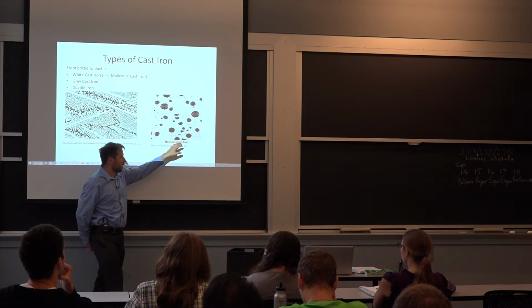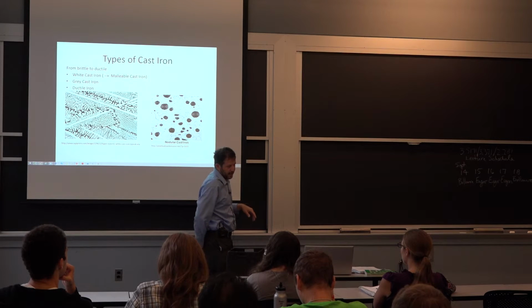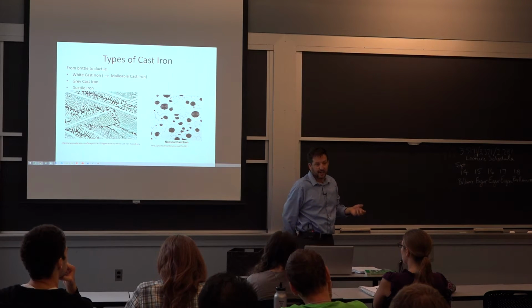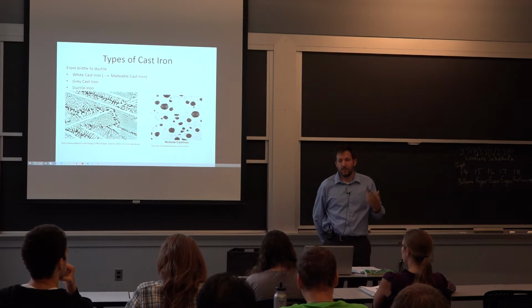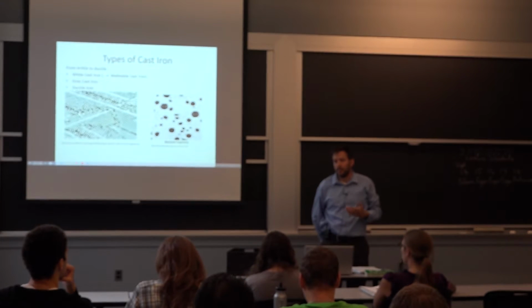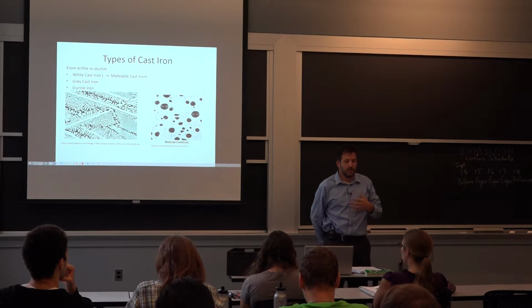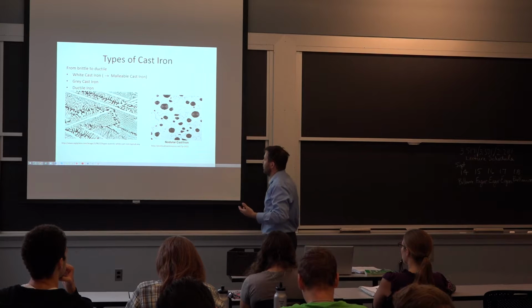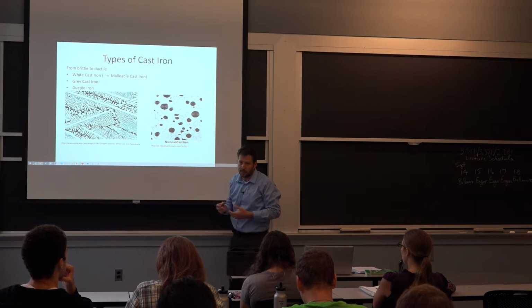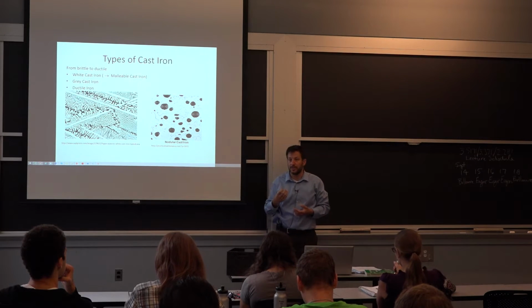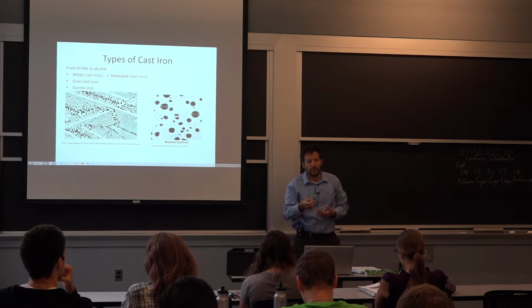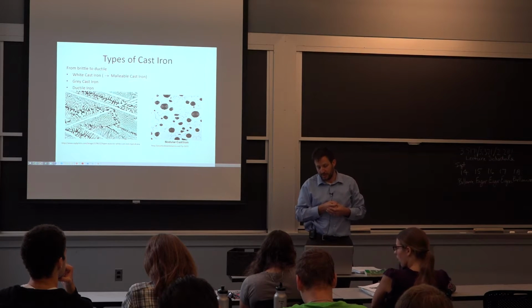So this nodular cast iron type is also called the ductile cast iron, and it's used a lot for water pipes because, again, you can cast it, but you also get the benefit of isolating the hard particles in balls. That's why it's called nodular, and therefore you still get your deformability.